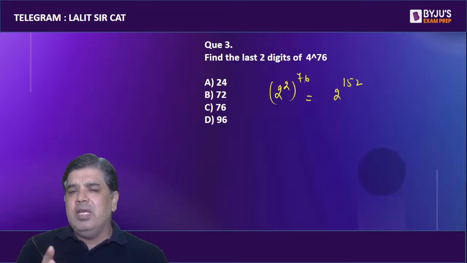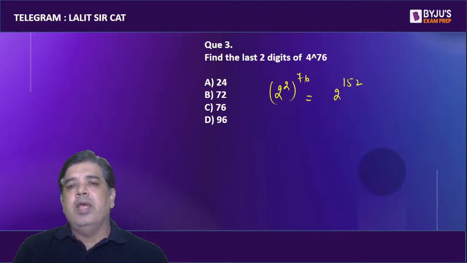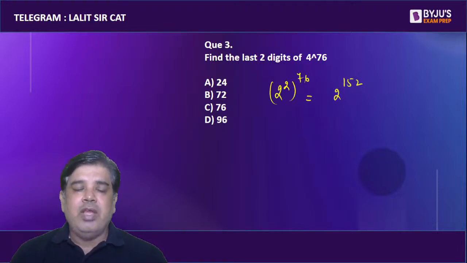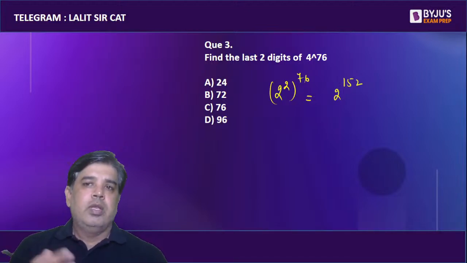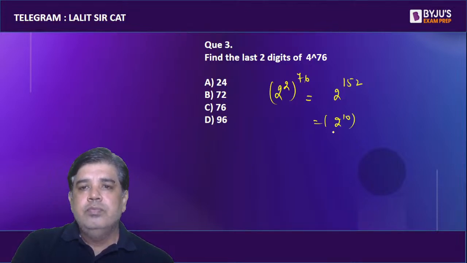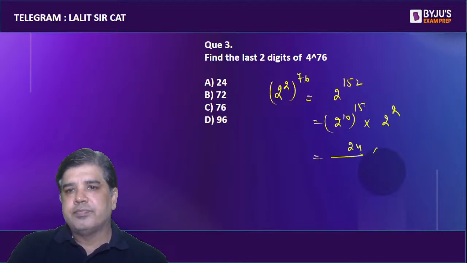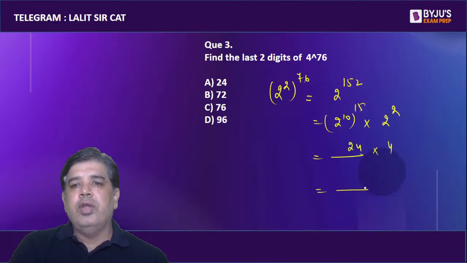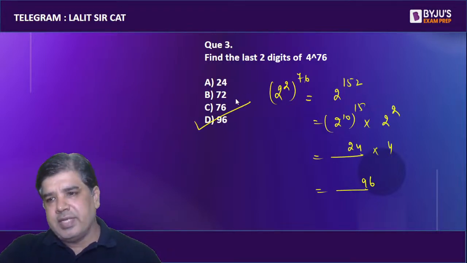So 4 is nothing but 2 raised to power 2. If we have any number with powers of 4 and we have to find the last two digits, convert that 4 into 2. Now this question becomes 2 raised to power 152, that is 15 into 2 raised to power 2. 15 is odd, so 24 only. 24 into 4 is 96, so the last two digits are 96.